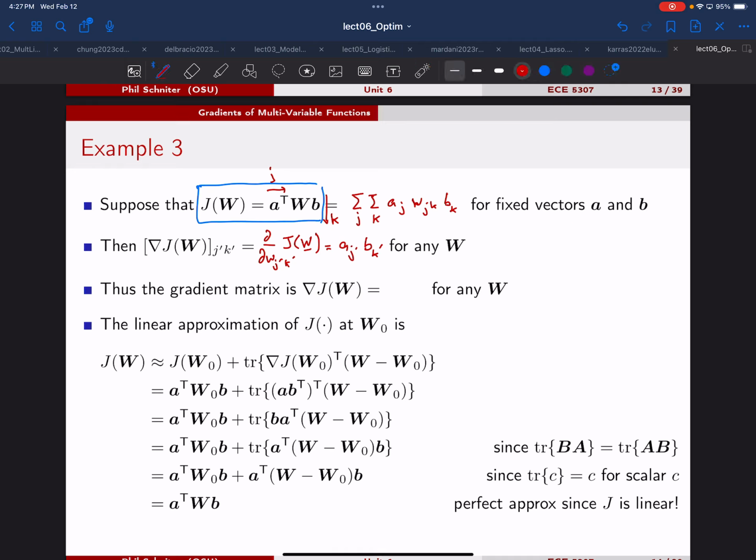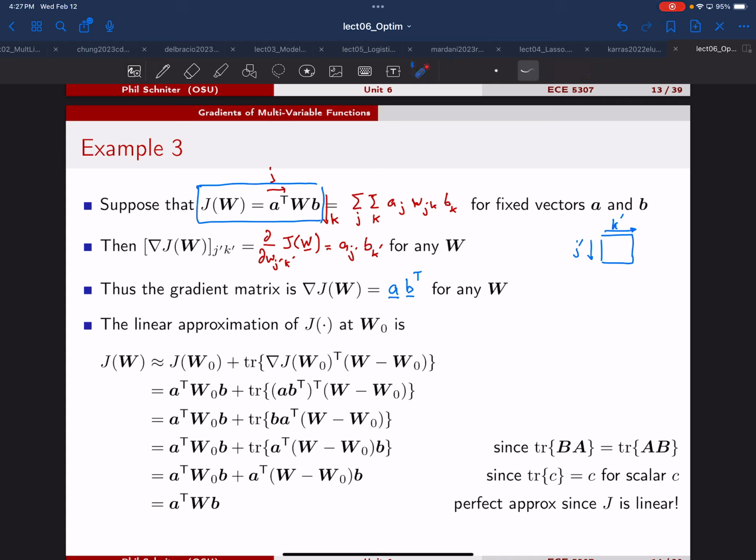So we want to have a matrix where j prime is coming down this way, k prime is going across that way, and these are the entries as a function of j prime and k prime. Okay, so maybe it's a little tricky, but the answer looks very simple. It's simply going to be the A vector times the B vector transpose.